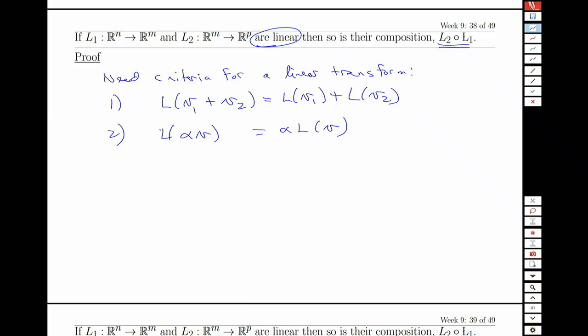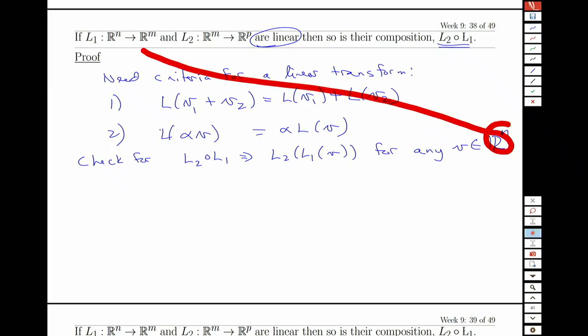So let's check those for L2 following L1, which is the same thing as L2 of L1 of V for any V. Be specific here, V in Rn. So we're going to go all the way back to the start.